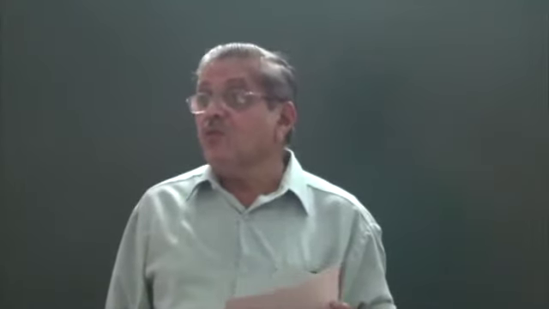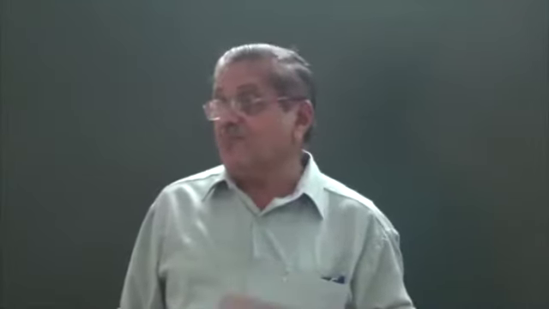We have ring chain isomerism and tautomerism, T-A-U-T-O. What are these different types? What are the examples? Tautomerism. So, we will see what are these different types.